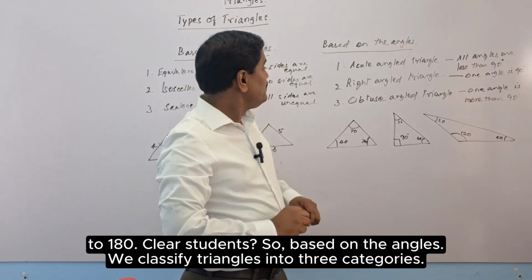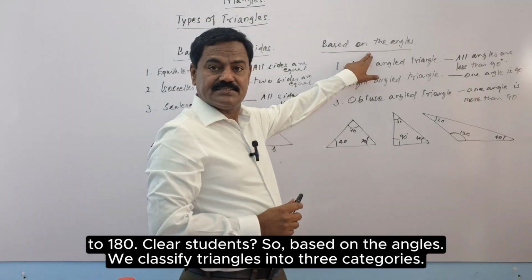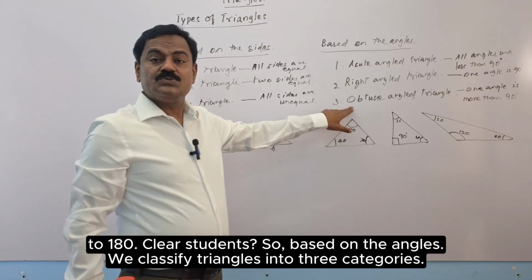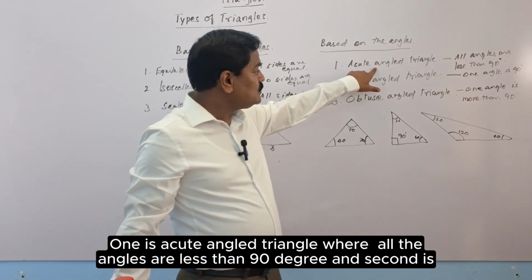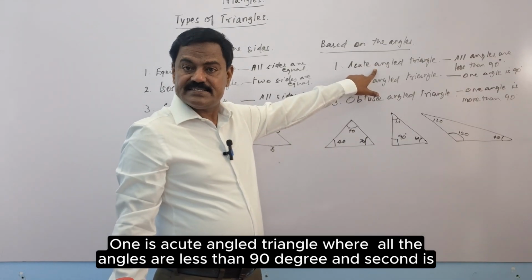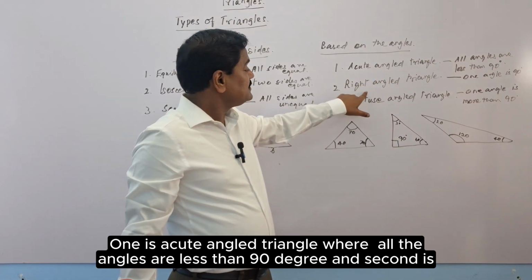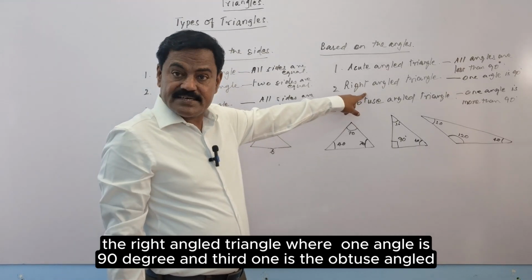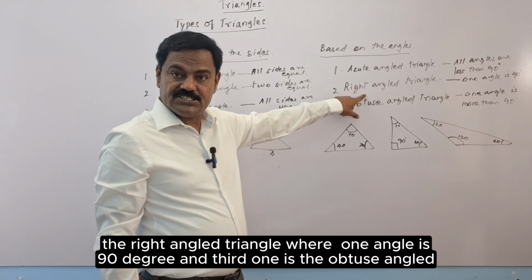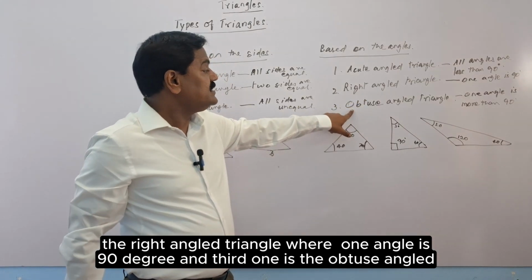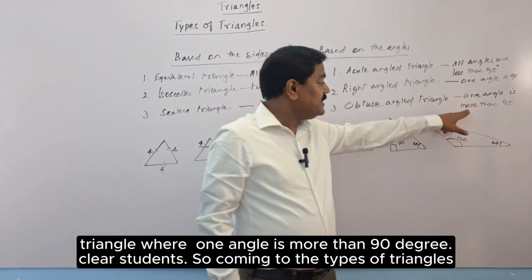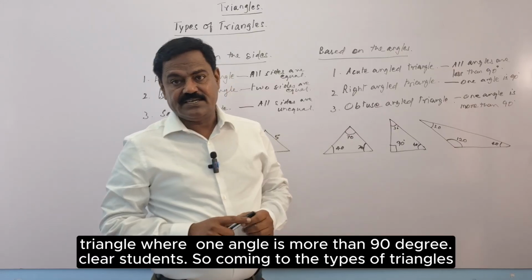Clear, students? So based on the angles, we classify triangles into three categories. One is acute angled triangle where all the angles are less than 90 degree, second is the right angled triangle where one angle is 90 degree, and third one is the obtuse-angled triangle where one angle is more than 90 degree.